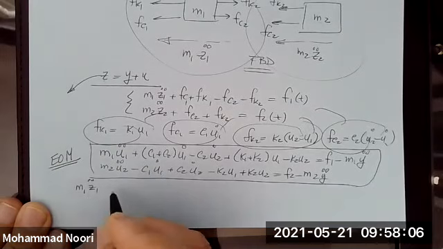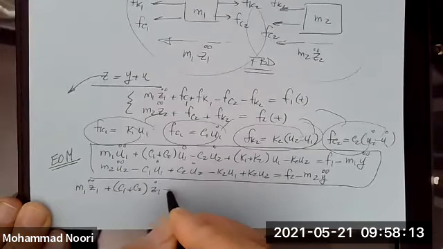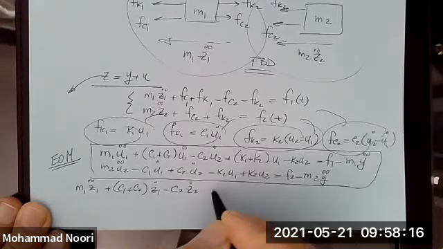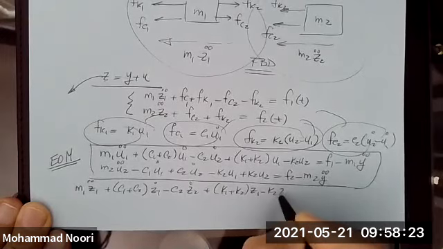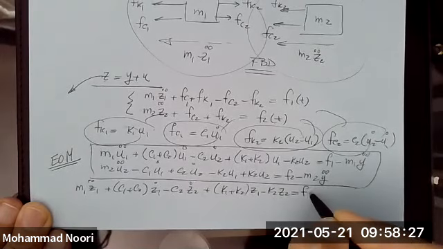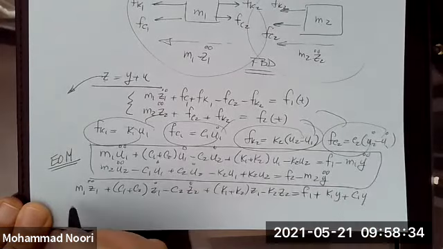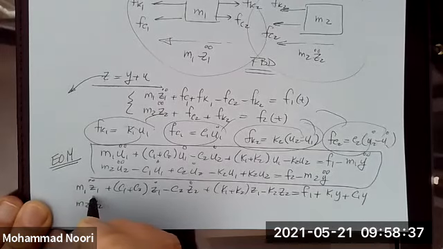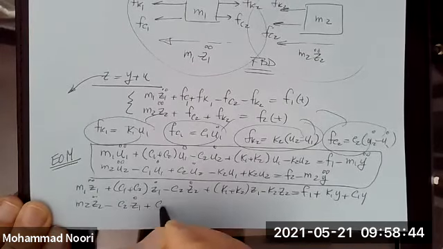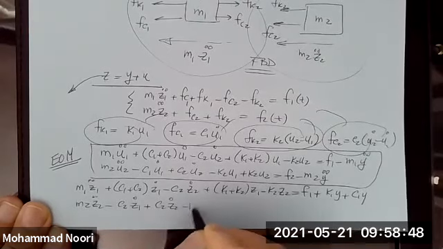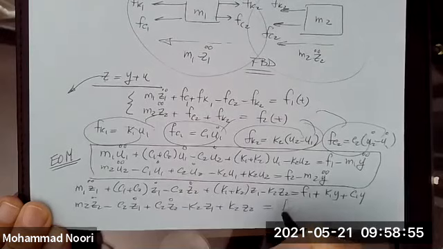M1 Z1 double dot plus (C1 plus C2) Z1 dot minus C2 Z2 dot plus (K1 plus K2) Z1 minus K2 Z2 is equal to F1 plus K1 Y plus C1 Y dot. And M2 Z2 double dot minus C2 Z1 dot plus C2 Z2 dot minus K2 Z1 plus K2 Z2 is equal to F2.